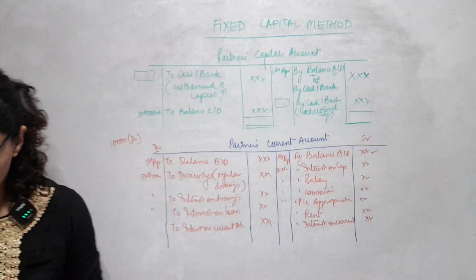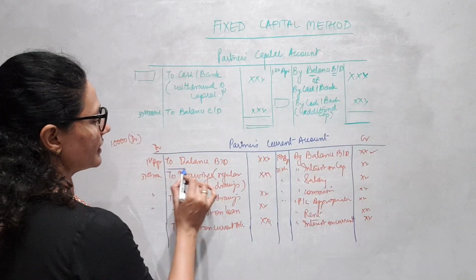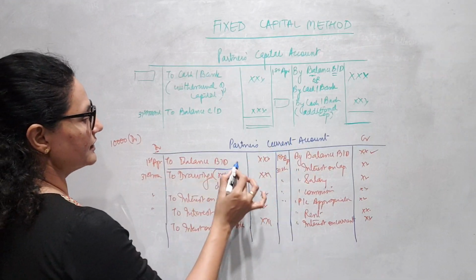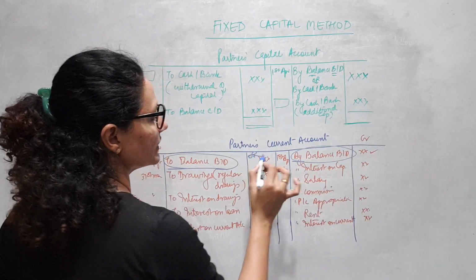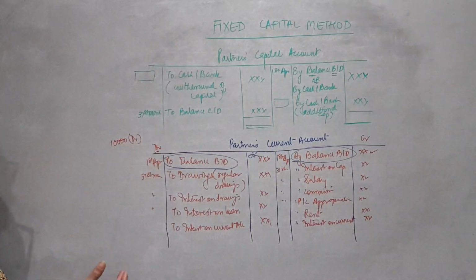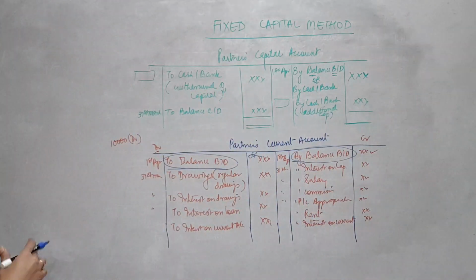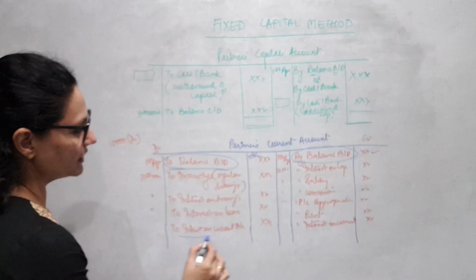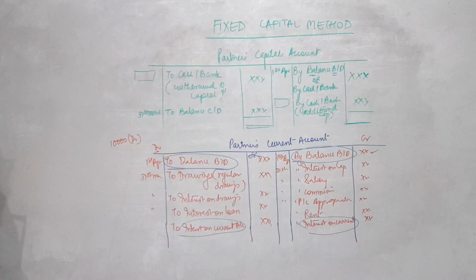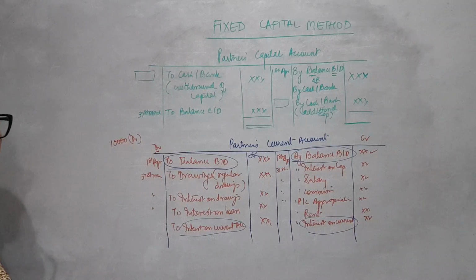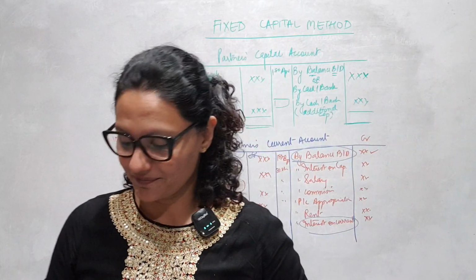Now here you have to very clearly understand that in a particular sum, in a particular account, either this balance will come or this balance will come. Not both. Of course, current account cannot have both a balance brought down on the credit and the debit, either or. Similarly, this, if it's coming on the credit side, will not come on the debit side. Pretty simple, right? So you have to take care of all of this here.